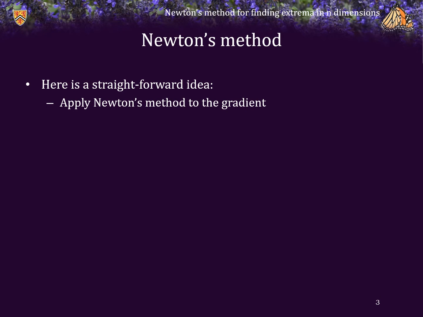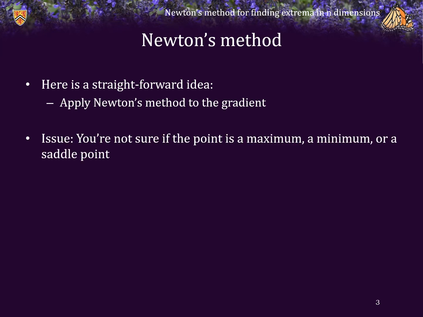Now, the idea for finding an extrema of a real valued function of a vector variable is very straightforward. We're simply going to apply Newton's method to the gradient. And you'll recall that the gradient of a real valued function of a vector variable is a vector valued function of a vector variable.